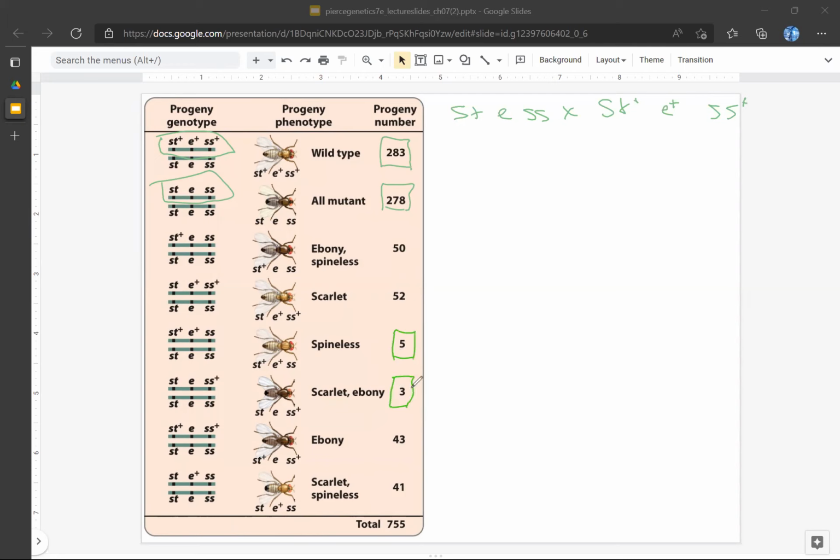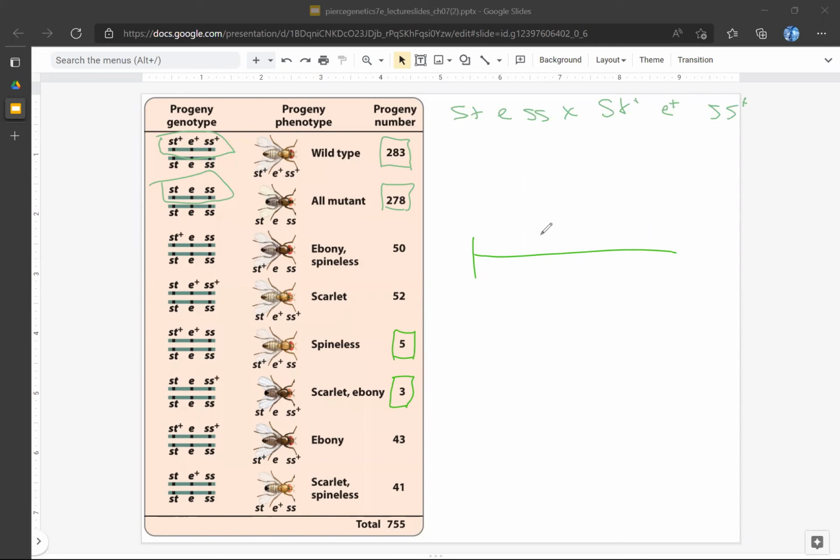And so how can we use these two crossing over states, whether or not crossing over happened twice versus none, to determine which gene is in the middle so that we can more accurately figure out our map and the distances?